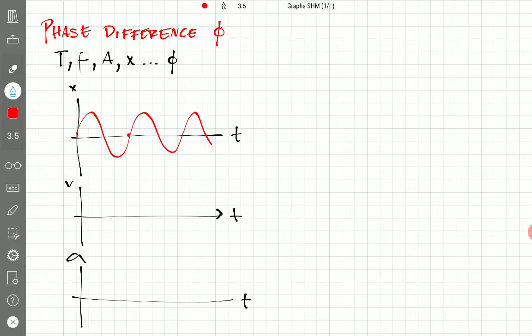Remember, this is one full oscillation up to this point. So you remove a quarter of that, and then you will get this graph only. So that will be your velocity.